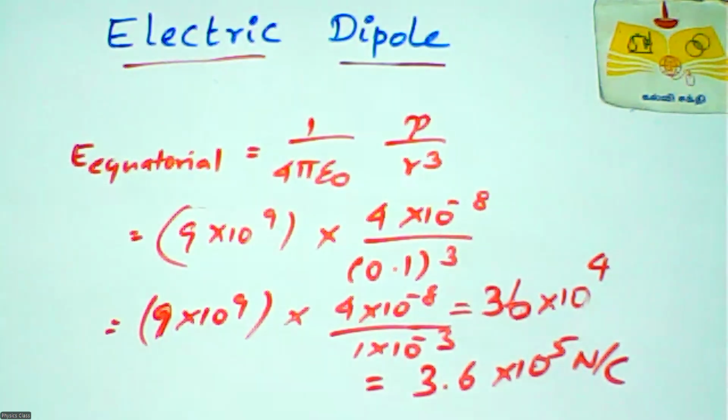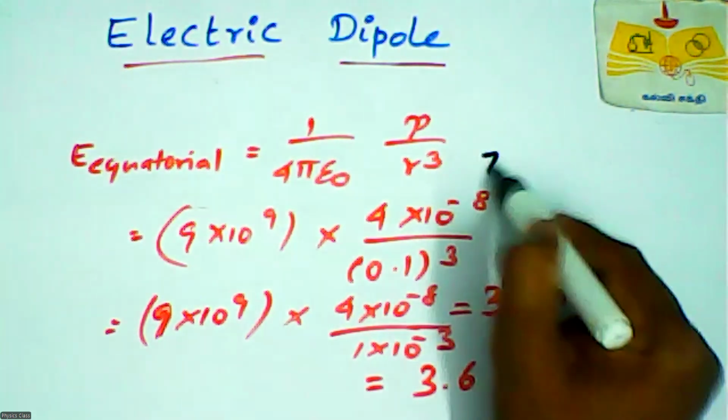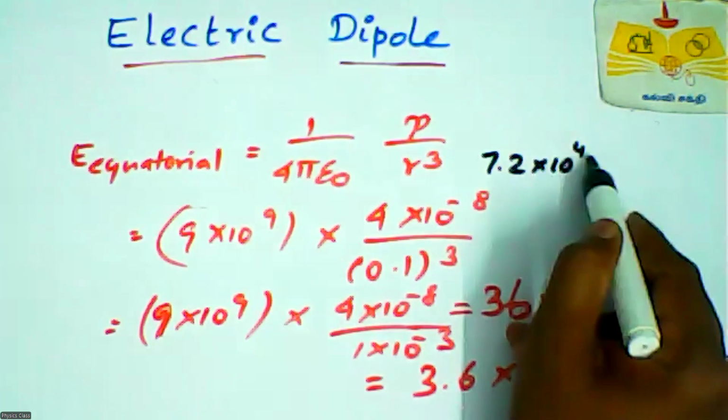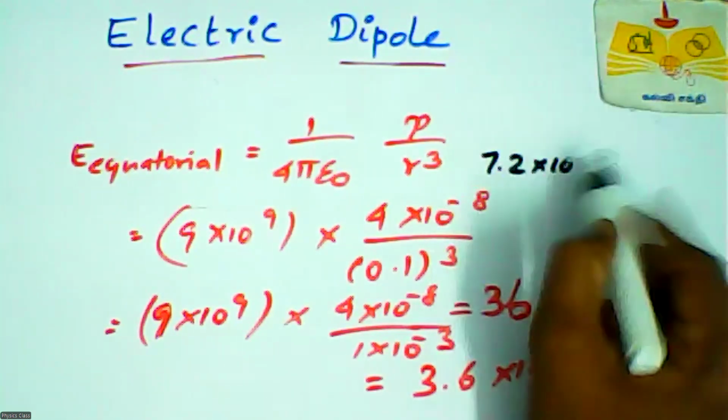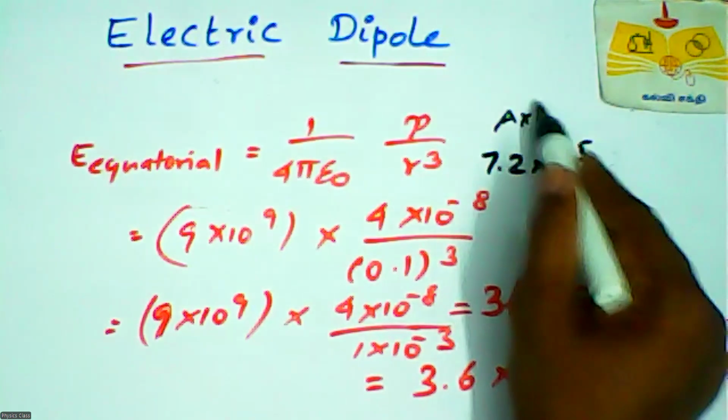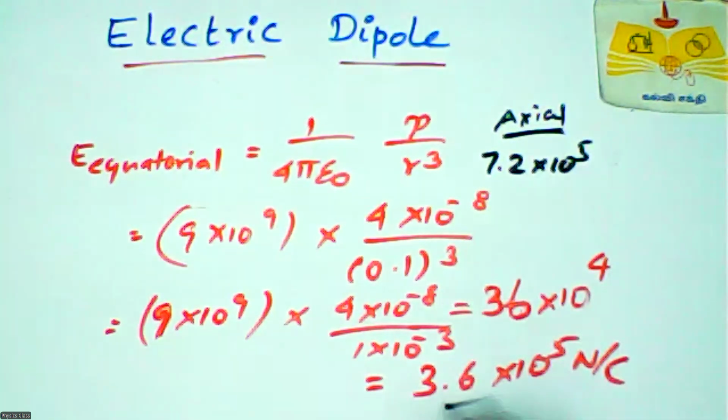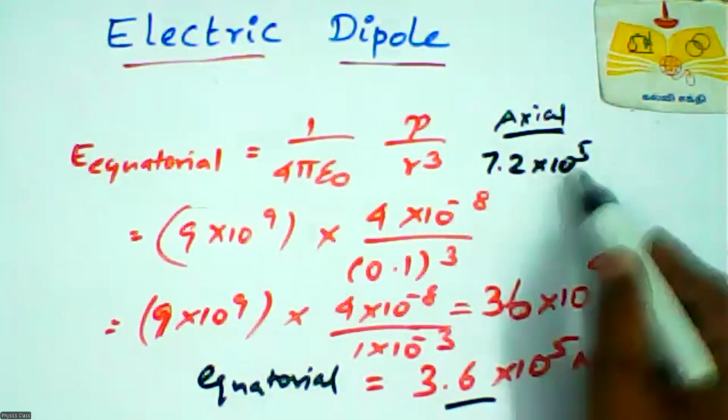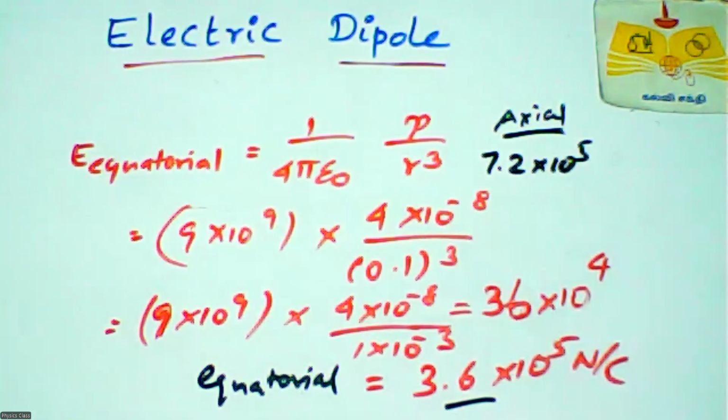Please remember that the electric field on the axial line for the same dipole is 7.2 into 10 power 5, and here, on the equatorial line, it is 3.6 into 10 power 5. You can see the difference: 7.2 divided by 2 gives 3.6, or 3.6 into 2 gives 7.2.